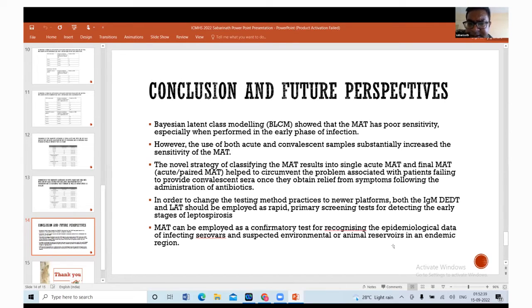That means our laboratory developed IgM dipstick and latex agglutination test can be used as rapid primary screening tests, while MAT can be employed as a confirmatory test for recognizing the epidemiology of the infecting serovars.